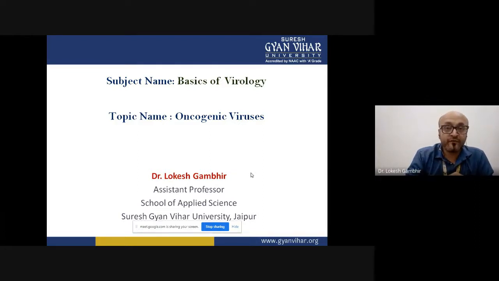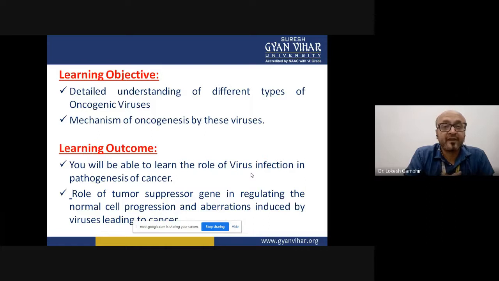So, what are we going to discuss today? We will be focusing on those viruses which have been reported to cause cancer, and we will discuss the mechanism of carcinogenesis induced by these viruses in detail.